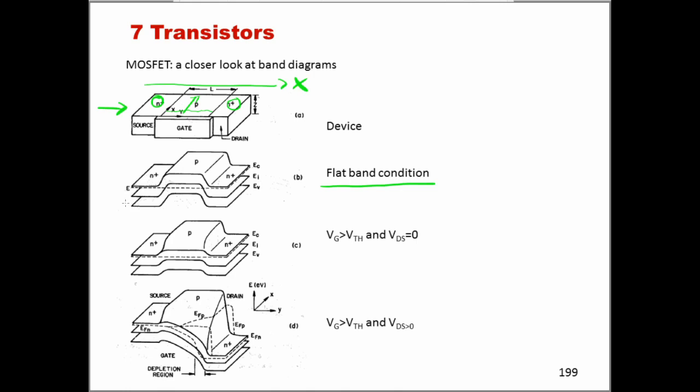Remember that we need to maintain the fundamental rule that the Fermi energy is the same across the entire semiconductor. So as you can see, this is the dashed line here, and then we have the source, represented by this n-type energy diagram here. Then we have the P region and then the N region. So this effectively represents the energy diagram in the depth of the device.